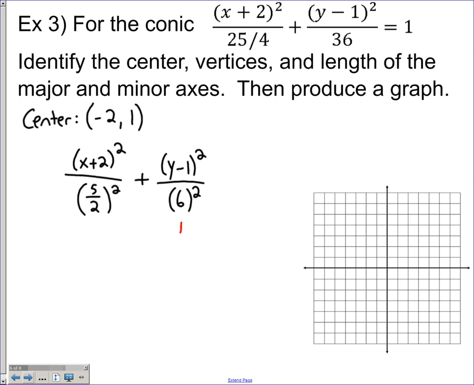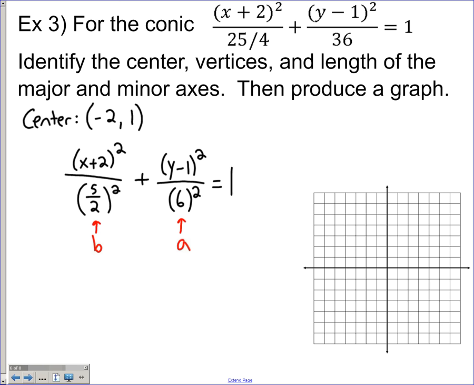So you can see a is 6, b is 5 halves, so 2.5. A is always bigger than b. So here, this time a goes with my y terms. It's going to be vertically oriented. And my equation is still equal to 1. I can't get rid of that equal to 1 part.